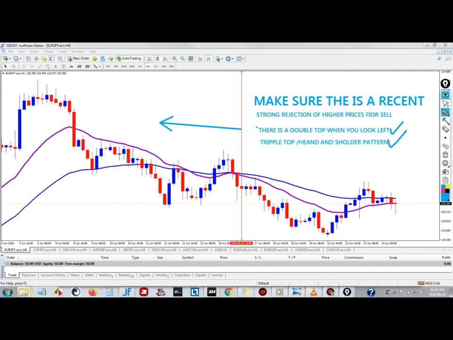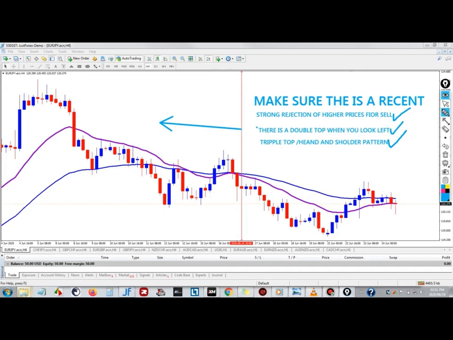1, 2, 3. Make sure that you consider these three things before you can look to buy or sell when there's a crossover on the 1 hour.